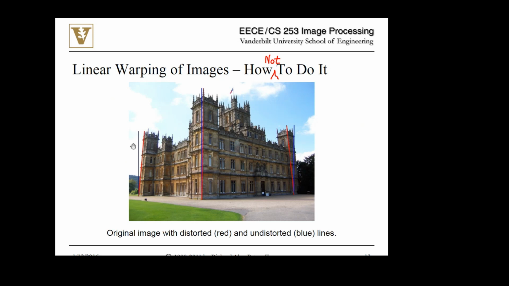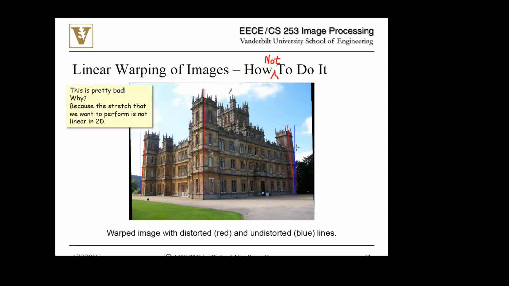This is how they were, and this is where we want it to be. Blue is where we want it to be. Red is where it was. Then when we apply this, we needed something to make it straight. So it goes a little bit in the right direction, the classic.